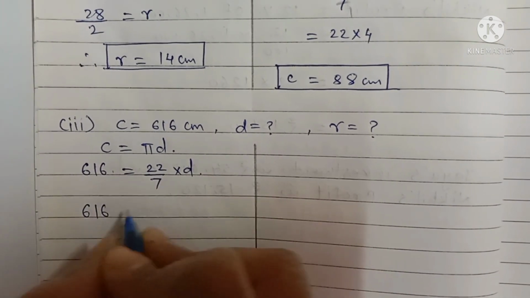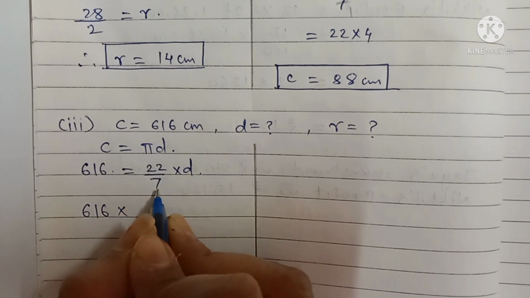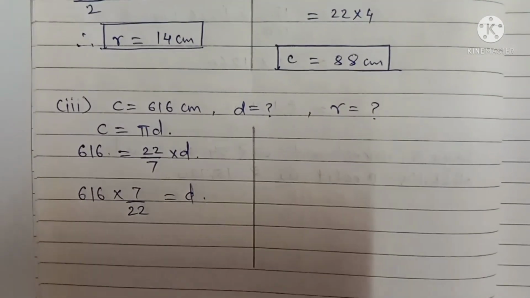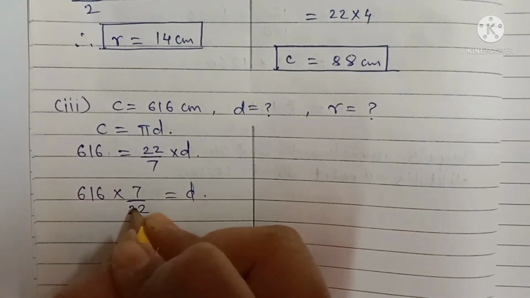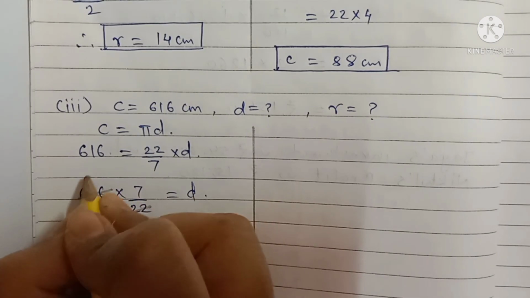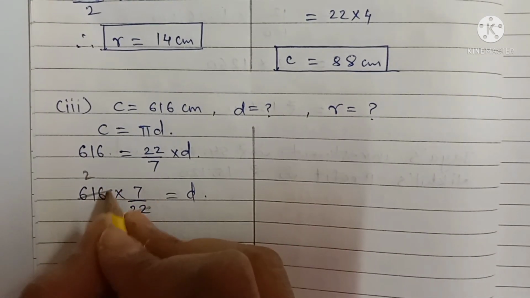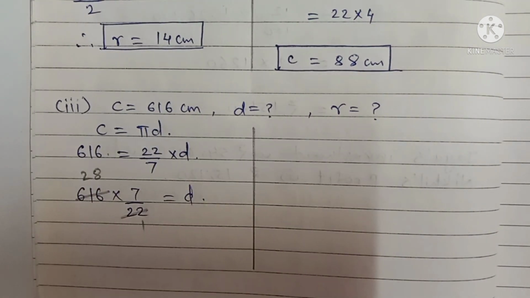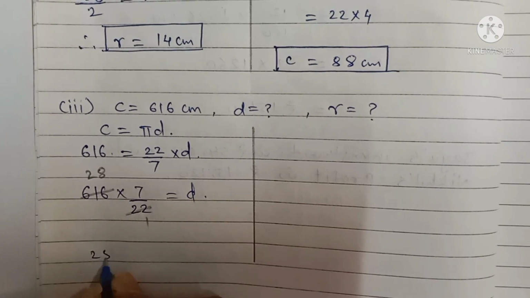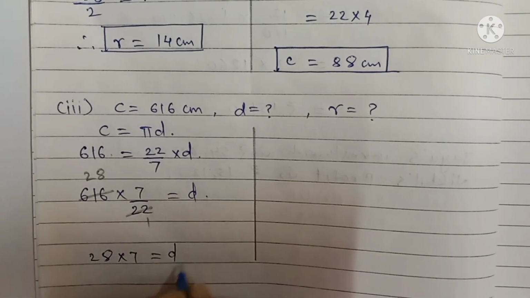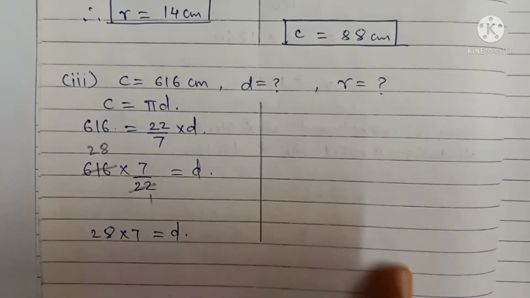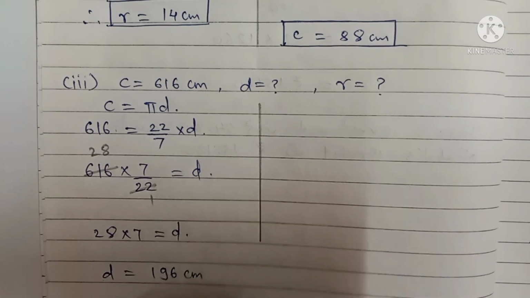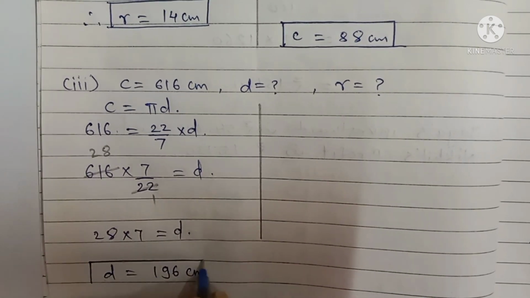See, 616 multiplied by the inverse of 22 upon 7, that is 7 upon 22, is equal to D. Now 22 ones are 22, 22 twos are 44, 22 eights are 176, means 28 multiplied by 7 is equal to D. 28 multiplied by 7, their multiplication is 196 centimeter. Means the value of D is 196 centimeter.